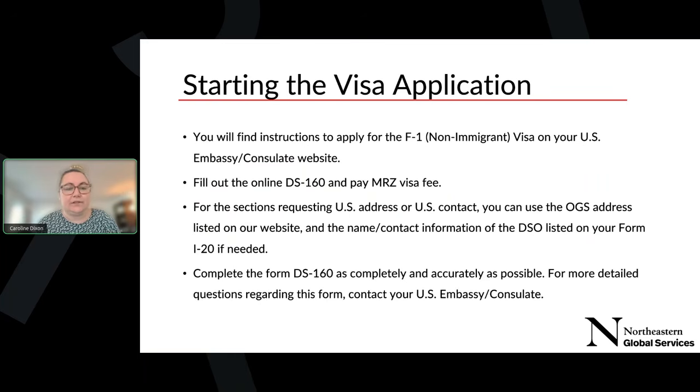For the sections requesting a US address or US contact, you can use the OGS address that's listed on our website and the name and contact information of the DSO listed on your Form I-20 if needed. Complete the Form DS-160 as completely and accurately as possible. And for detailed questions regarding this form, contact your US embassy or consulate.